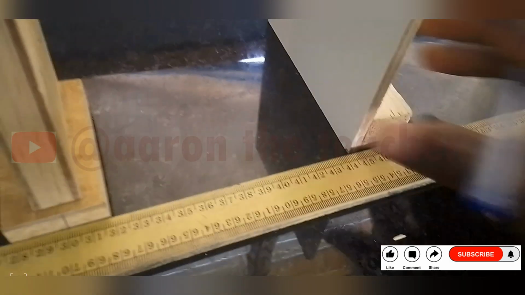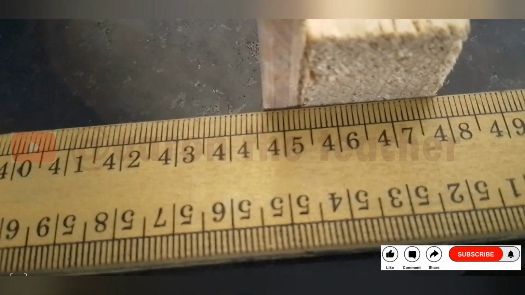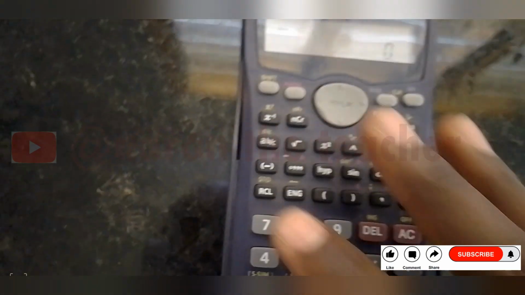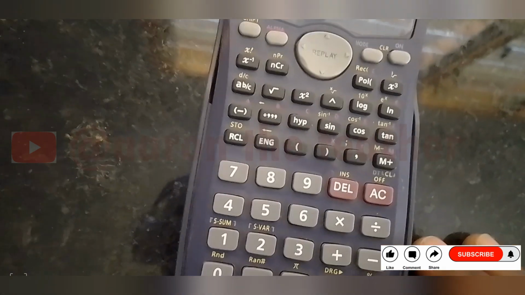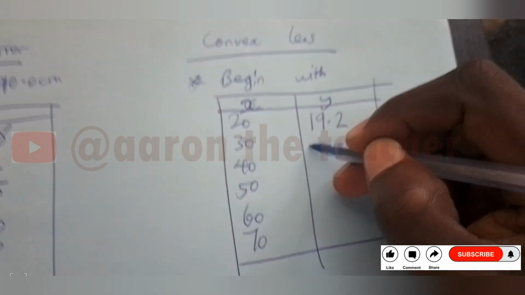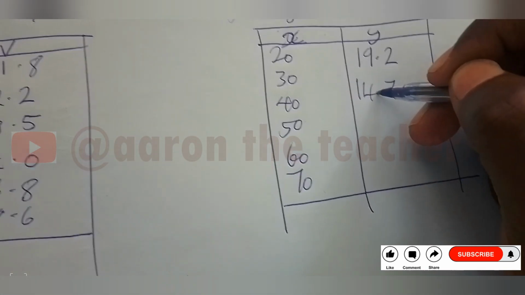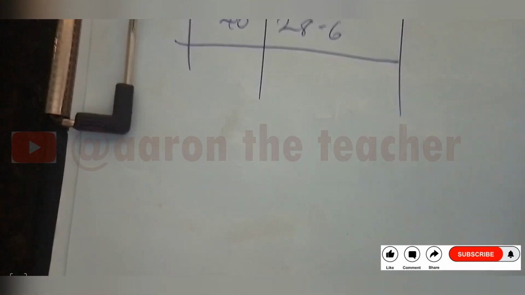And I still come and measure the distance from here. It is at 44.7. So I get 44.7 minus 30, giving us 14.7. That is at 30.